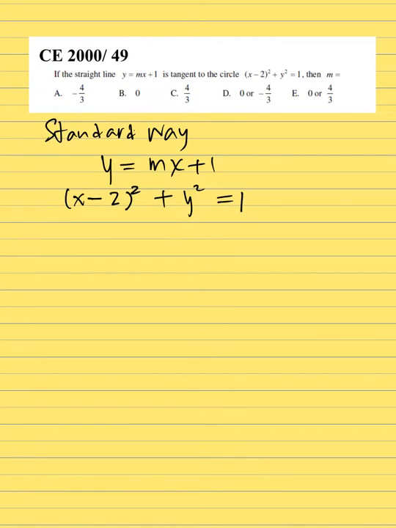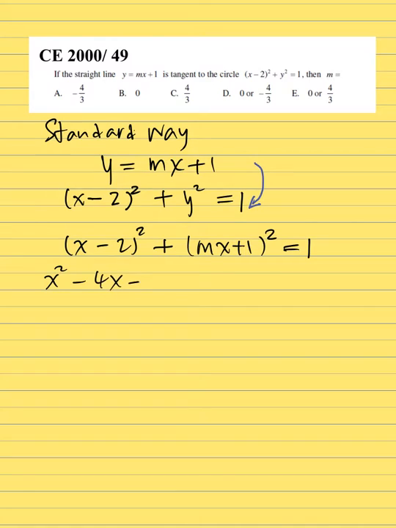If we substitute the line into the equation, that means (x minus 2) squared plus (mx plus 1) squared equals 1. And then once again expanding, x squared minus 4x plus 4 plus m squared x squared plus 2mx plus 1 equals 1.